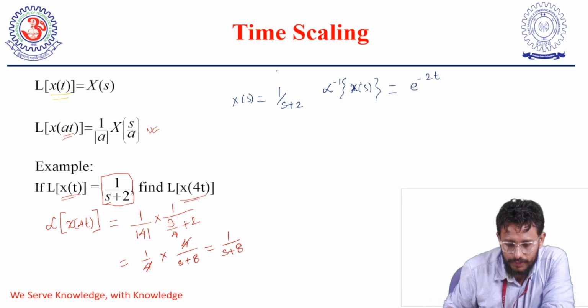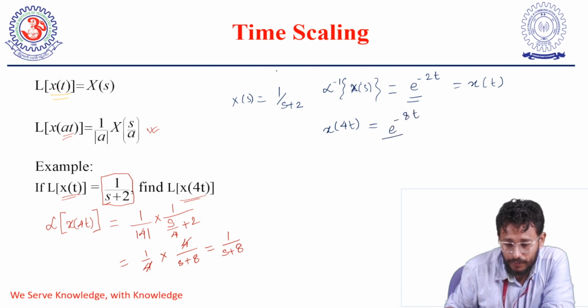And just read this question again. This is x of t in the time domain, e to the power minus 2t. And the question asks you to obtain x of 4t. How would this expression look? If I multiply the time by 4, I'll get e to the power minus 8t.